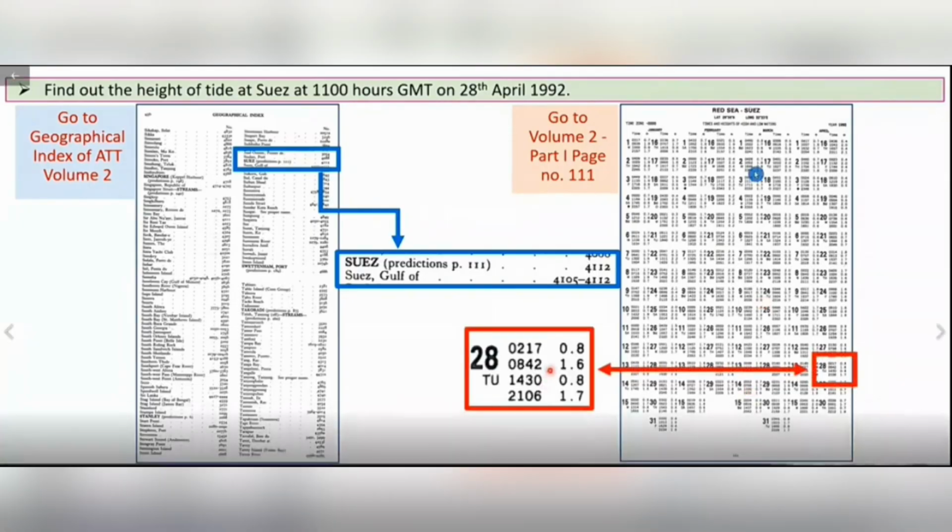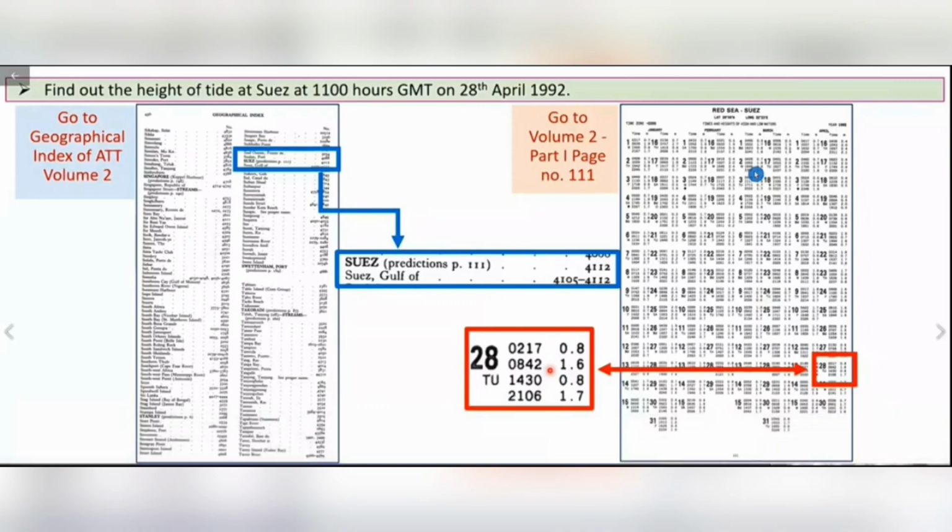Okay, so just note down this question in your notebooks beta, and note down these heights and times of tide for Suez on 28th April. Let me know once you are done and we'll proceed ahead.